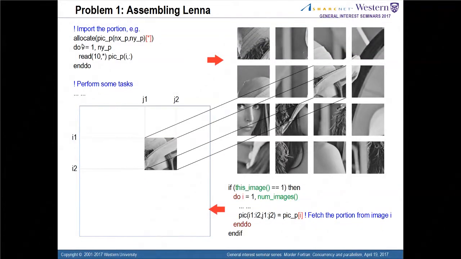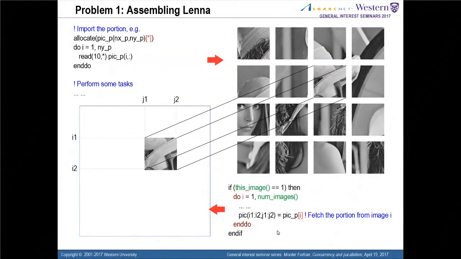In your Fortran program, I will create a coarray object, pic underscore p. This will hold the local portion of those pieces, and then I'll read this portion in some way. I already managed to organize the file in such a way that I can read individual pieces, and then I'll do some processing.